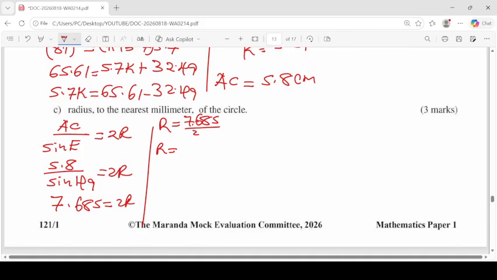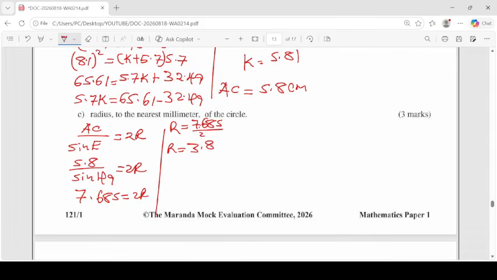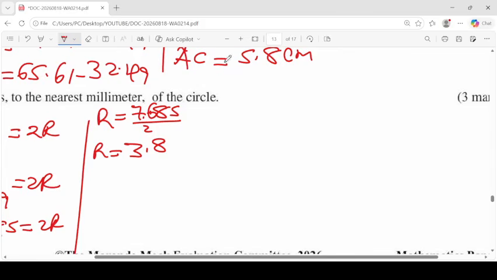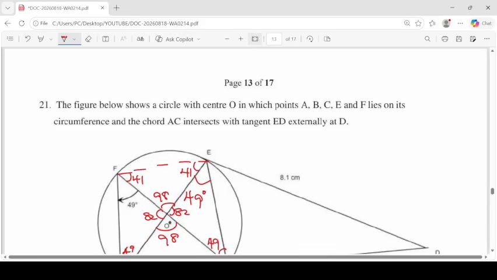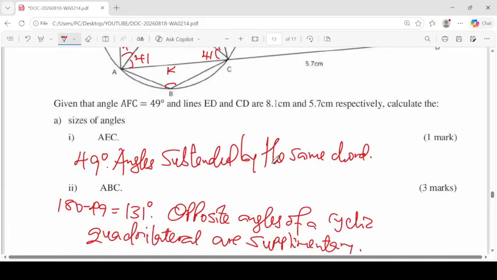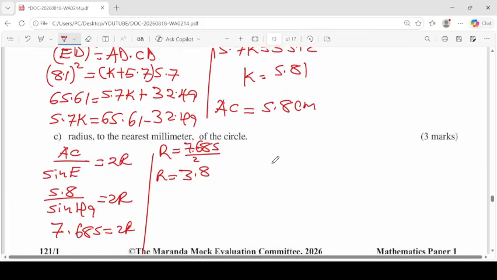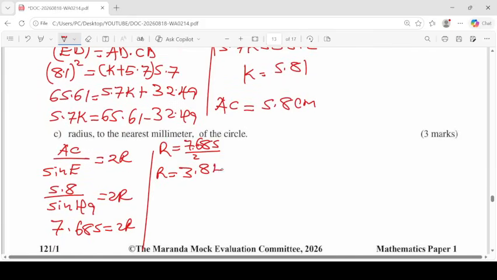When you divide this by 2, you're going to get 3.8425 centimeters, and they want it to the nearest millimeter.